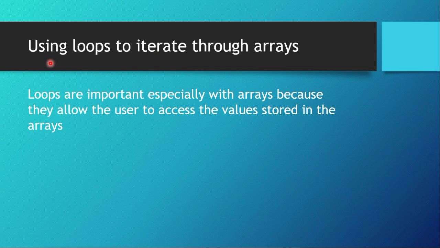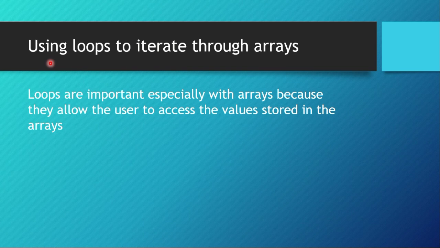I'm going to show you how to do that later on, but right now we're going to talk about using loops to iterate through arrays. So let's say you want to see every value in the array, and let's say you want to create a multiplication table and you've used multi-dimensional arrays to implement it.